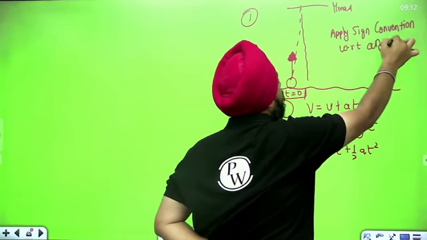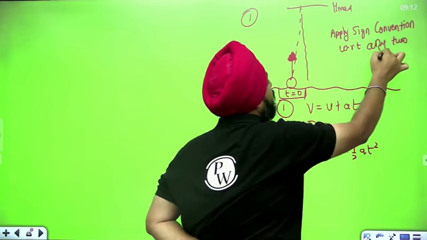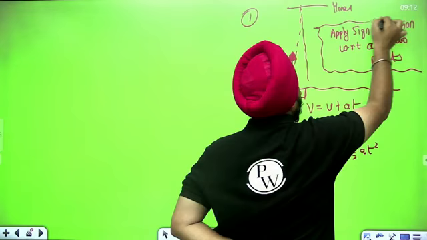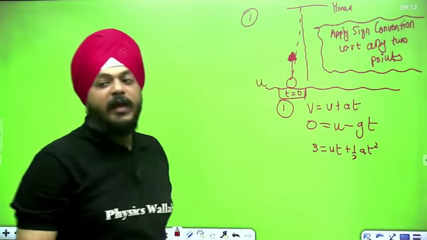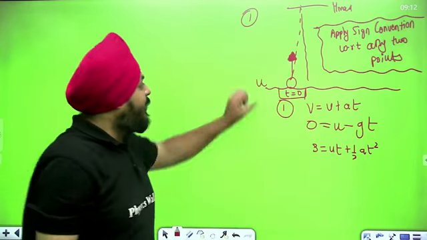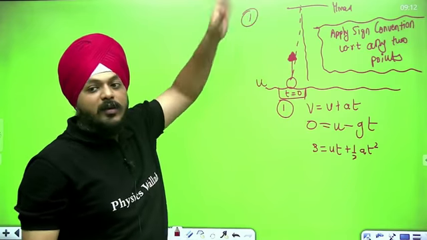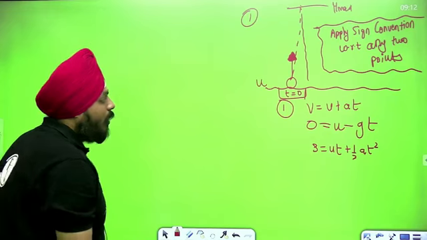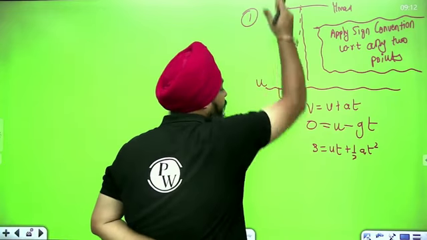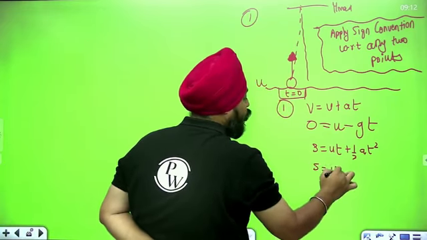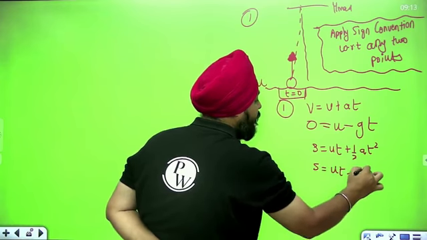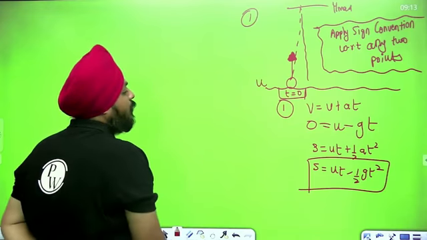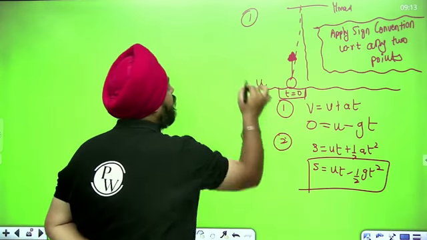Any 2 points you can apply the sign convention. Right now I've taken the ground and the top as the first points. Slowly I'm going to change the values. Don't get worried. So here s will be positive, u will be positive, g will be negative. This is the second equation of motion.